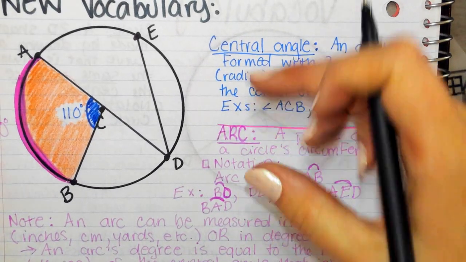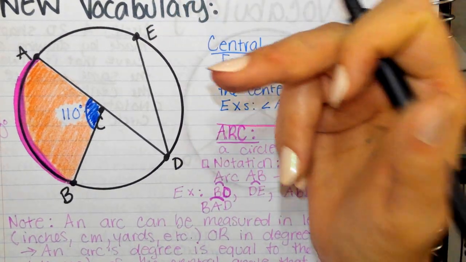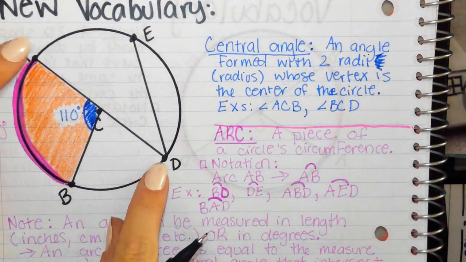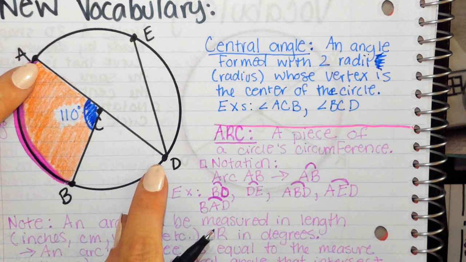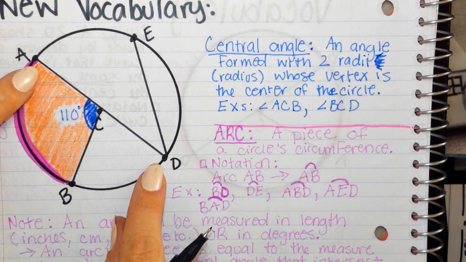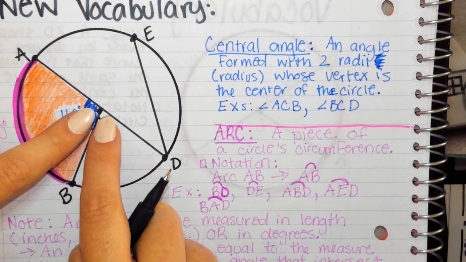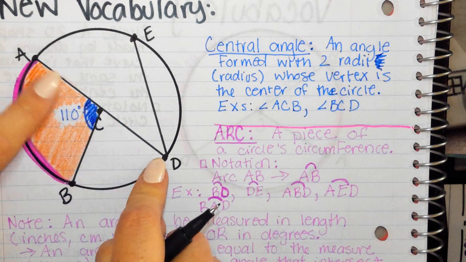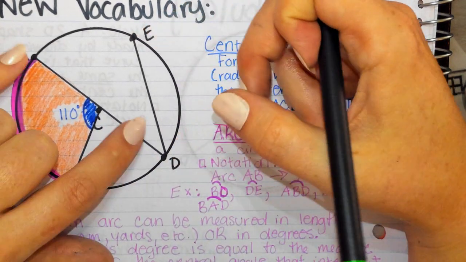So an example in this picture of a chord would be line ED. You might be wondering, well, a diameter also connects two points on a circle's edge. So a diameter is a type of chord, but a diameter has to go through the center of a circle, and a chord is less specific. A chord doesn't have to go through the center of a circle, but it can.